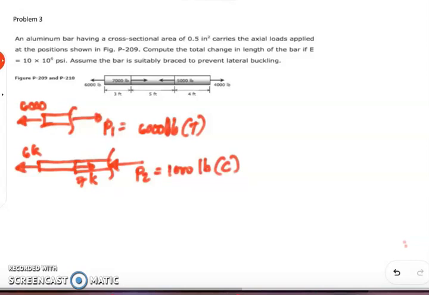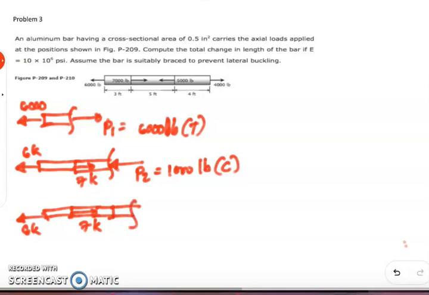The third bar, if we section, we have here 6,000, we have 7,000, we have here 5,000, and we have here another 5,000.